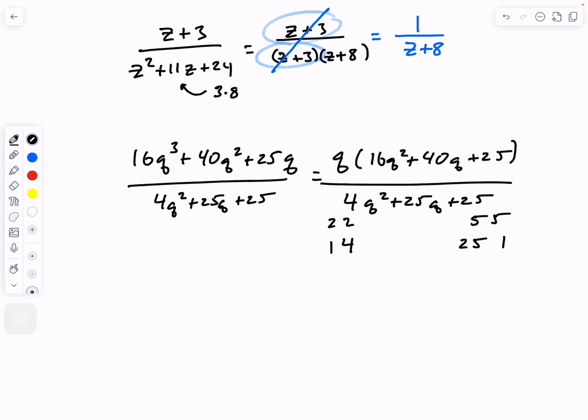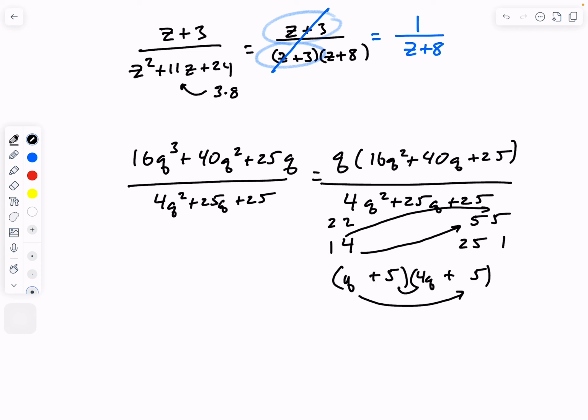Okay, so those are my other options. If I multiply the 4 and the 5, that gives me a 20. And the 1 times the 5 will give me a 5. Hey, so this is factorable. So the denominator could be 1q and 4q. The way I teach factoring, we multiply 1q by a 5, and then it's going to be 5, plus plus. That gives us a 20, and 5q gives us our 25q.